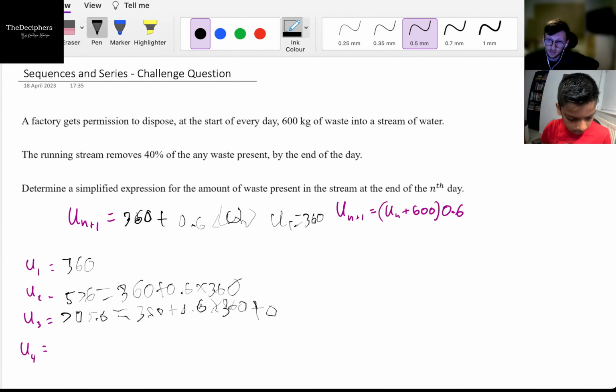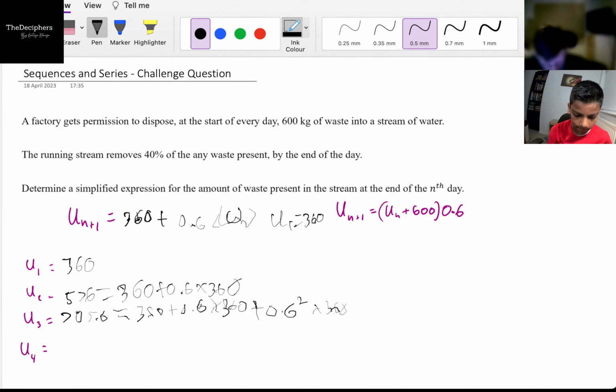Then 360 plus 0.6 times 360, that's 0.6 squared times 360. So u3 is 360 plus 0.6 times 360 plus 0.6 squared times 360.